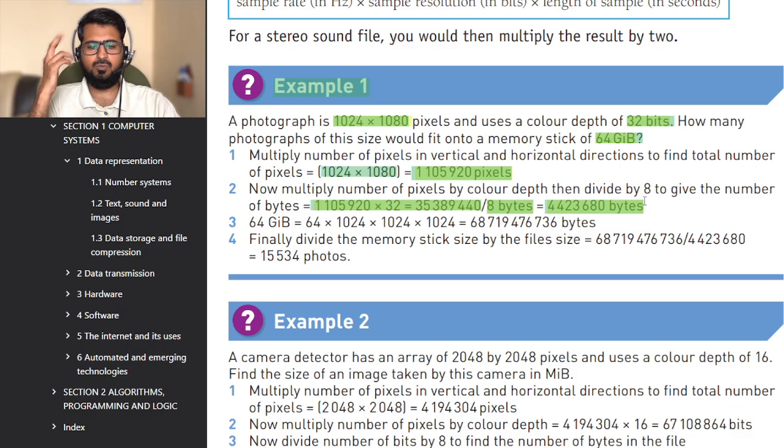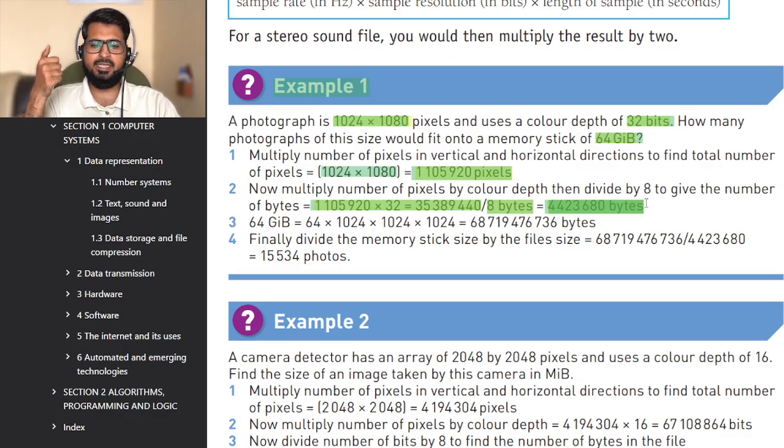Now we have two options. Either we convert the file size that we get in bytes into GB by dividing by 1024 three times, from byte to KB, KB to MB, MB to GB. But that is going to give you an answer in decimal numbers, so that is complicated, right?